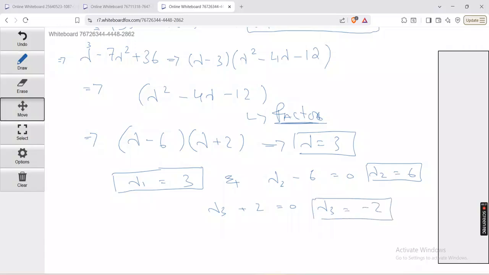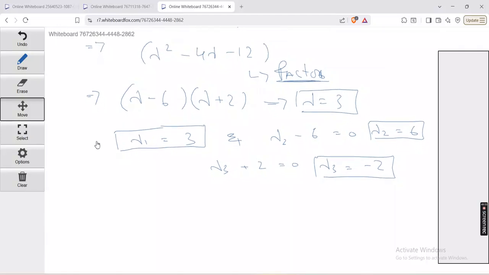So now we have all of them: lambda 1 is 3, lambda 2 is 6, lambda 3 is minus 2.